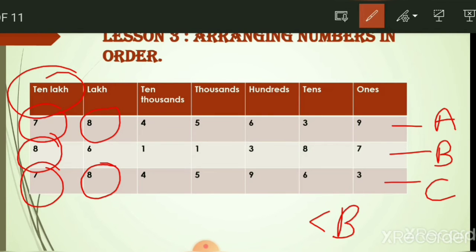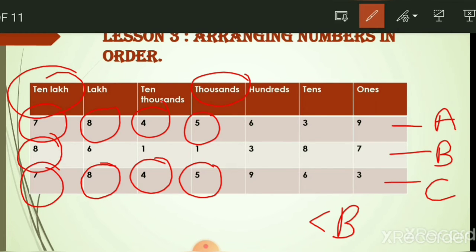So it means we cannot compare it on the basis of lakhs position. So let's switch to another place, that is 10,000s position. Now at this place also we have the same numbers, again we cannot compare it. So let's come to the next position, that is your thousands position. Again we can see that A and C number both are having same number, that is 5 at thousands place.